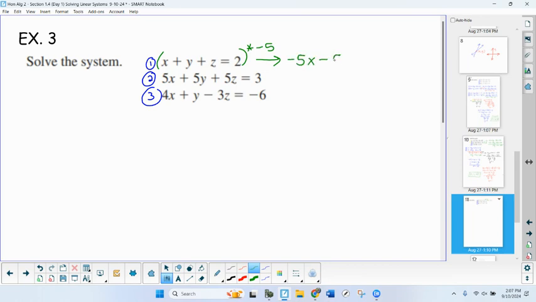-5x minus 5y minus 5z equals... bring equation 2 over. What happens when I add these?